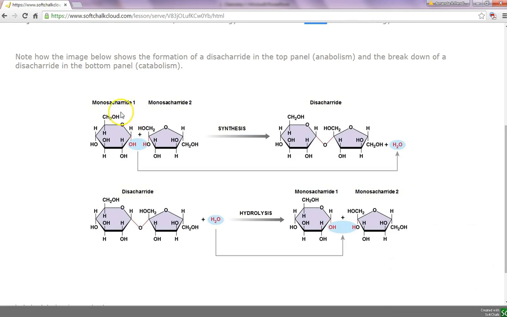So here, and this is the take-home point, this monosaccharide is separate. It's a monosaccharide. This is separate. And notice now we've got these lines, which means we have bonded them together, and now we have a disaccharide. Okay, so we've done a synthesis reaction.